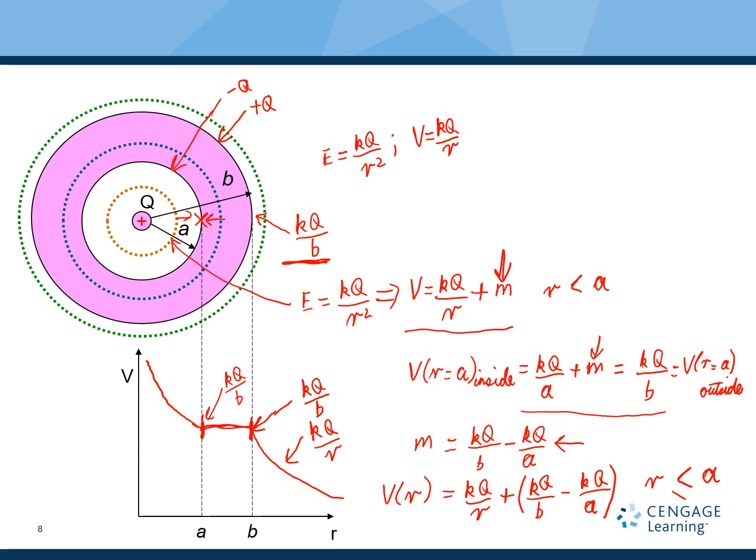So by adjusting the constant of integration correctly, we have arrived at a potential distribution for all radii r which is devoid of any jumps in the potential. And that's exactly what we needed to do in order to avoid caveat number 3.